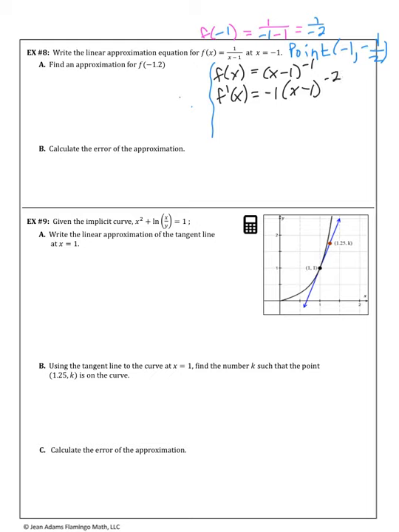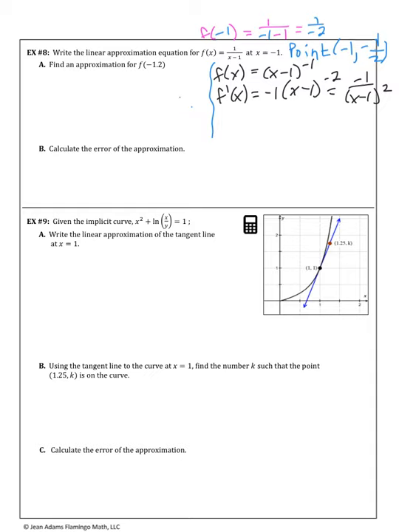So we've got to use the chain rule, then times the derivative of the inside, which is just 1. So this becomes our derivative. And let's go ahead and write it its proper way, which means that it is equal to -1 over x minus 1 to the second power, right?